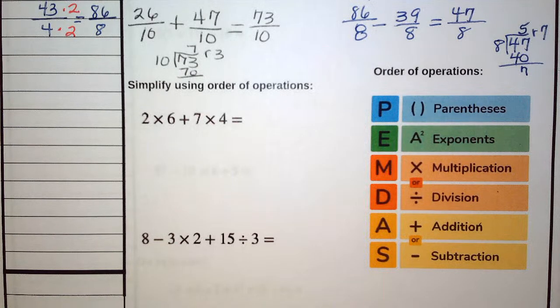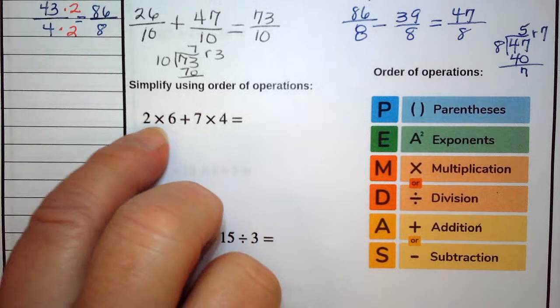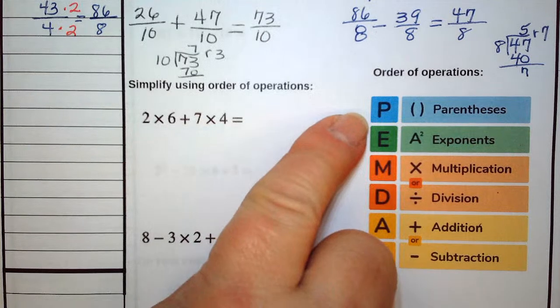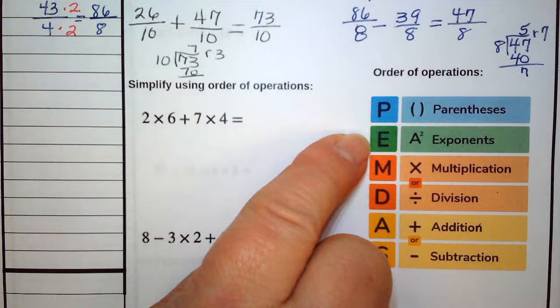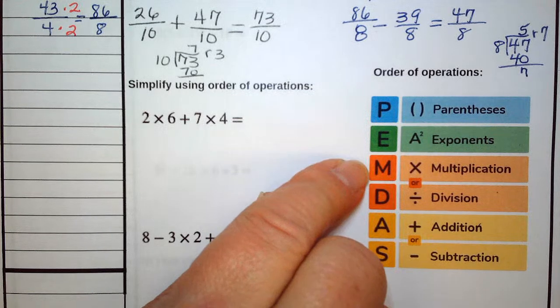So first thing you do is to look at your equation. 2 times 6 plus 7 times 4. Do I have any parentheses? No. Do I have any exponents? No. Do I have multiplication or division? I've got multiplication.